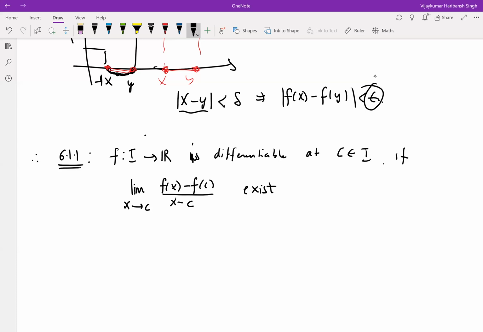Whenever this limit exists, we say the function is differentiable at C. On top of it, since we talk about infinite limits as well, we'll say the limit is finite. And we'll denote this by f prime of C.